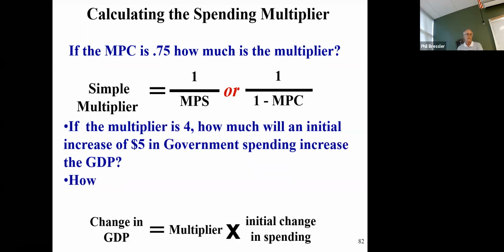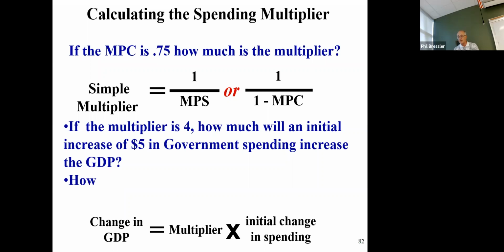This formula for the multiplier, I think you have to memorize. So the change in the GDP equals multiplier times initial spending. So we figured out the multiplier is 4. The initial change is 5. That gives you 20. Sometimes they'll give you 20 and you know the multiplier is 4, so it'd be 20 equals 4x, x equals 5.